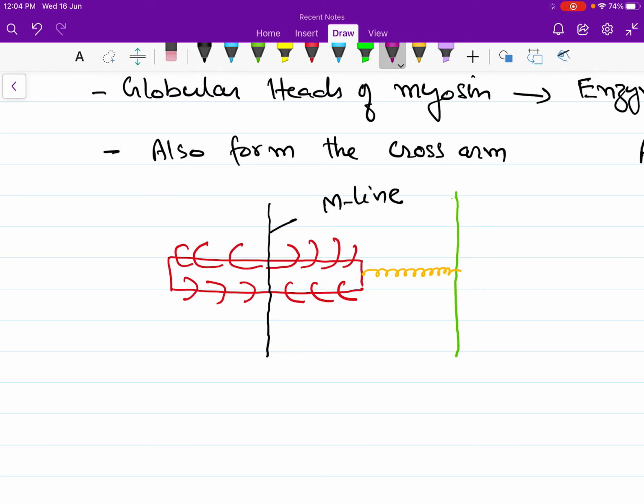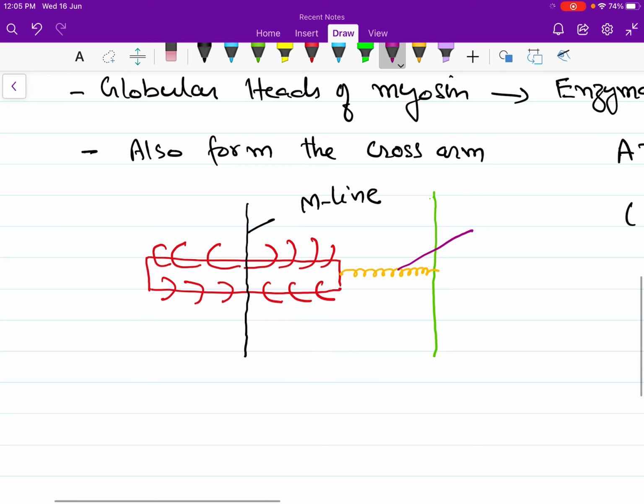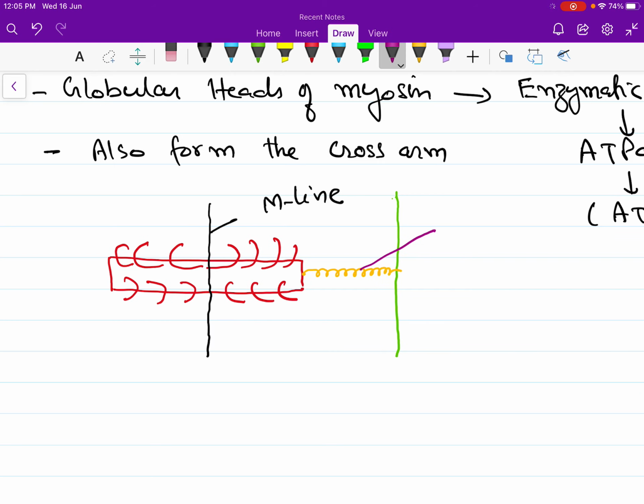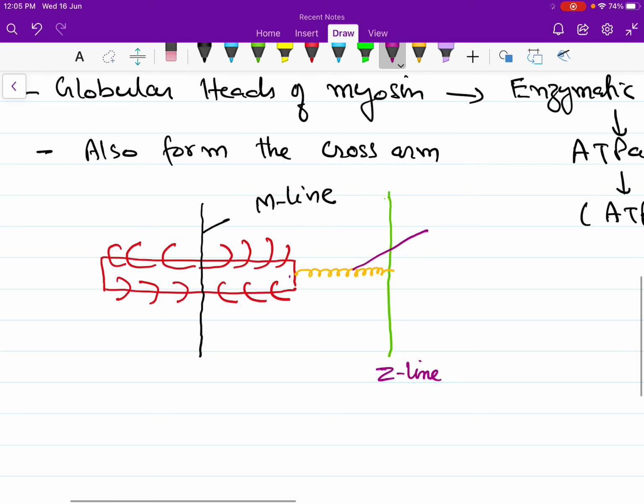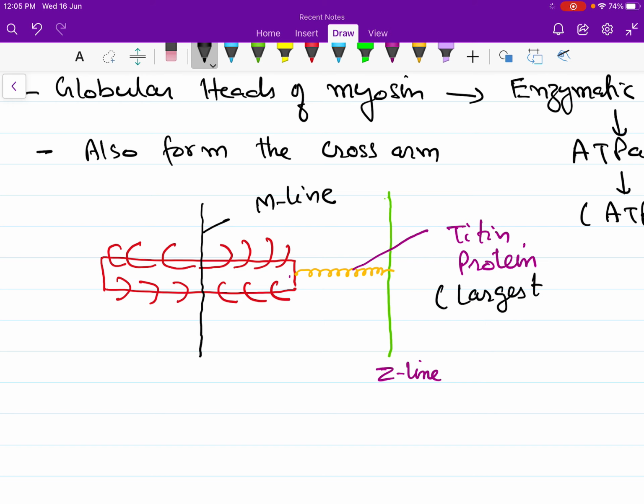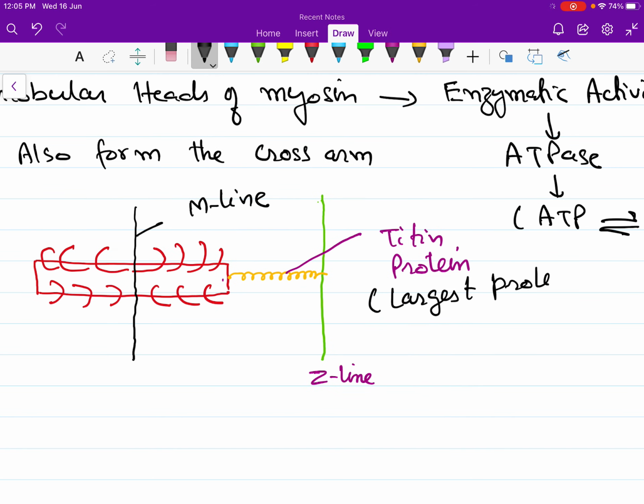Now this titin is a non-contractile protein but plays an important role in keeping the thick filaments at their specific location. So this protein which connects the thick filaments with the Z-line is called the titin protein. You should remember, titin is the largest protein of our body.